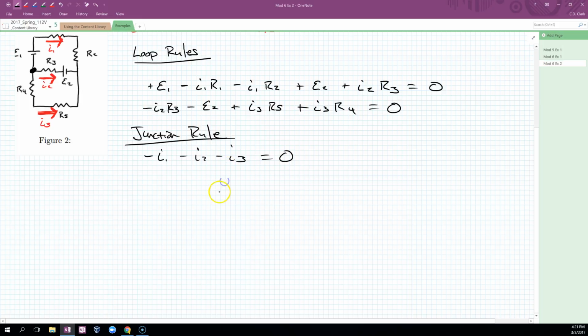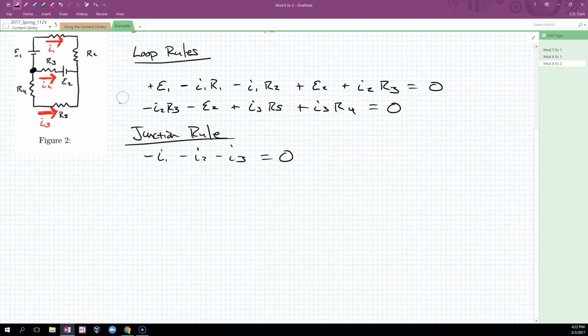The top equation has current 1 and 2 in it, and the bottom equation has current 2 and 3 in it. So I could use the top equation to replace current 1 with an expression that contains 2, and use the bottom equation to replace 3 with 2. Then this junction rule would just have I2s in it, and I could solve for I2.